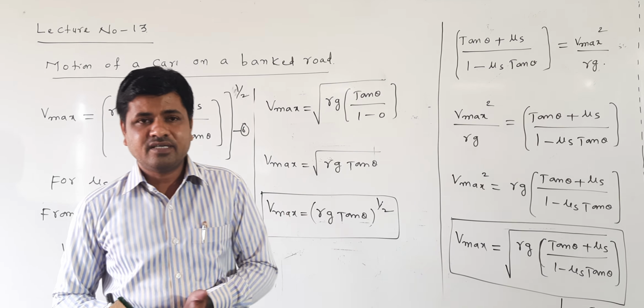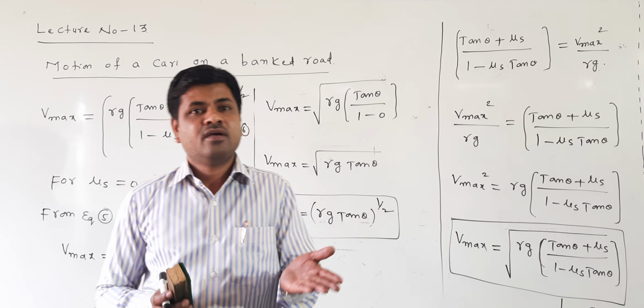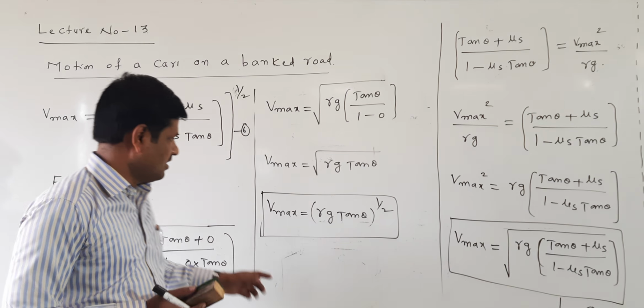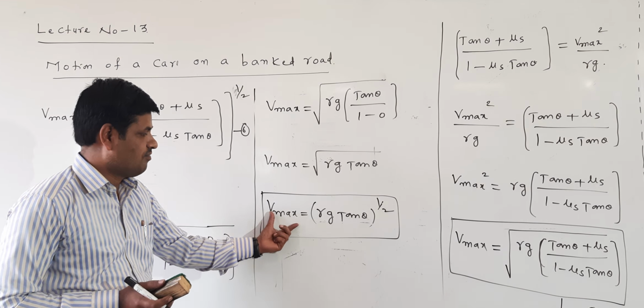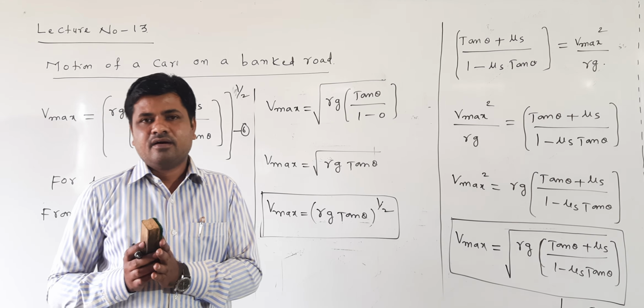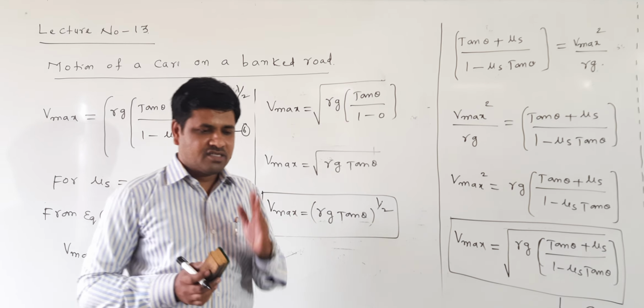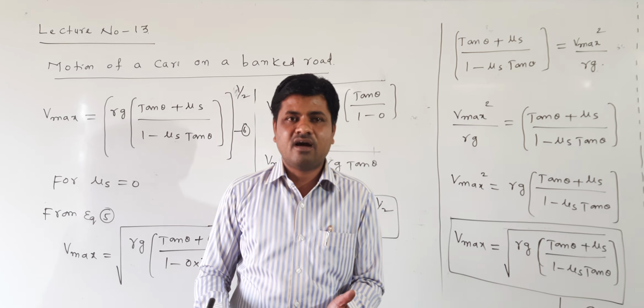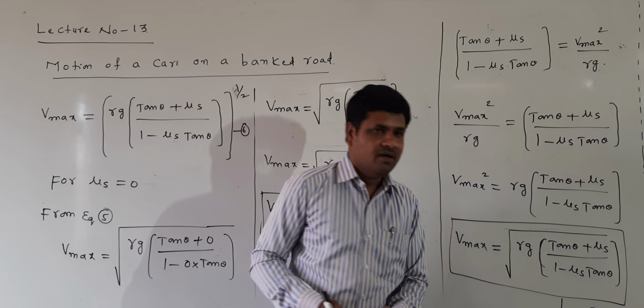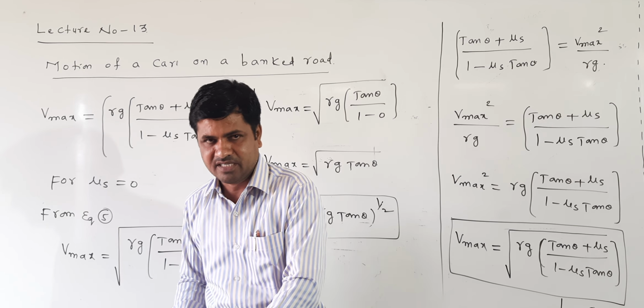In the previous class we discussed the case where friction is there but no banking. In this last case friction is not there but banking is there. Clearly remember the conditions. In the last class banking is not there but friction is there. In the fifth equation, banking is present and friction is present.